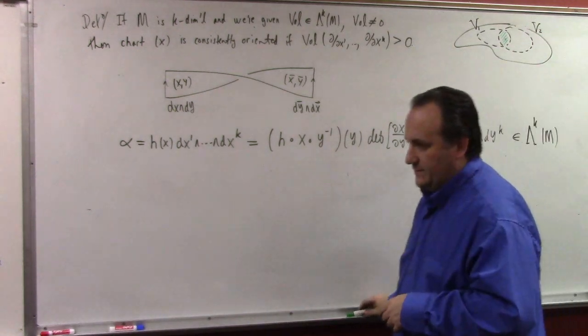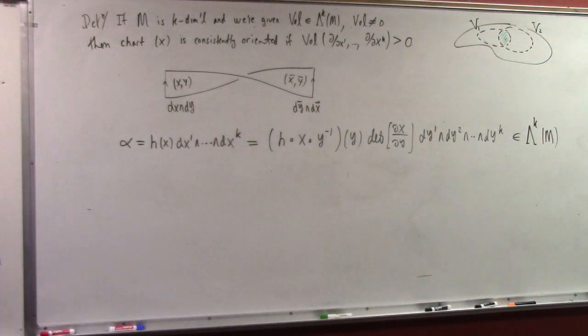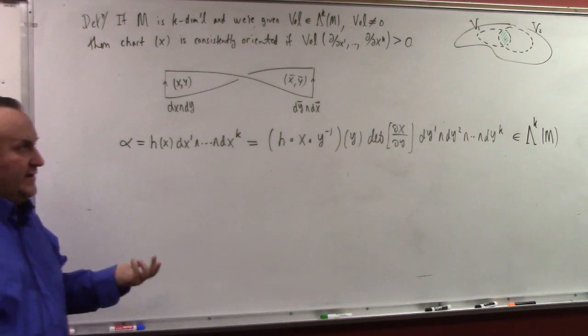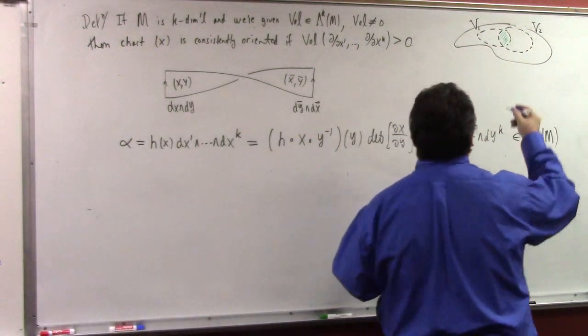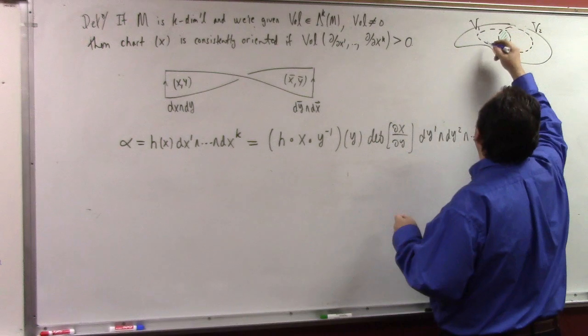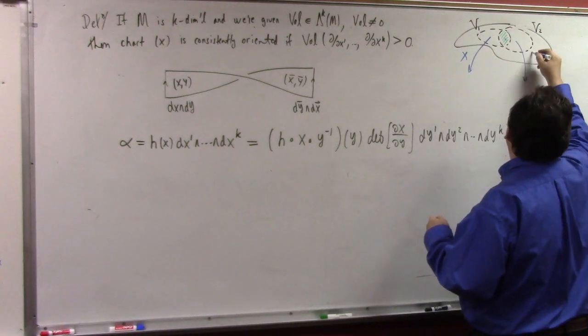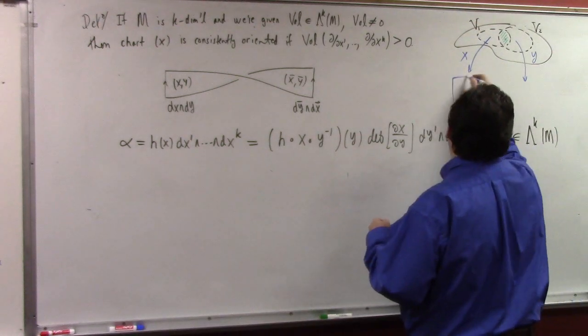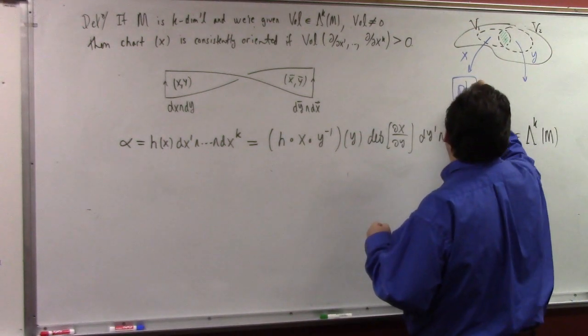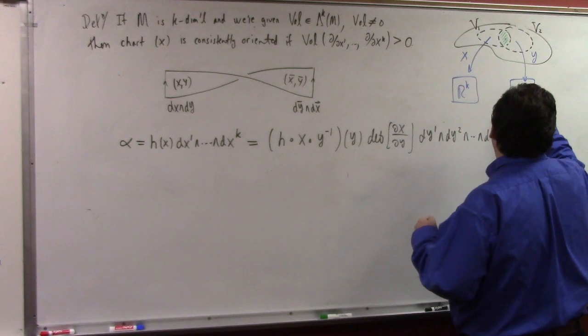And I have, what's the story here? I've got an x coordinate chart, I've got a y coordinate chart, right? So x, y, either way, you're going down to R^k, right?